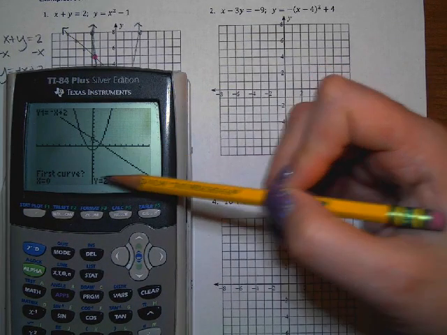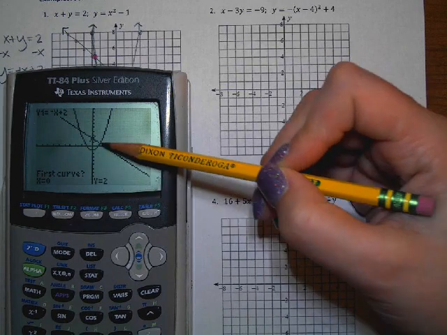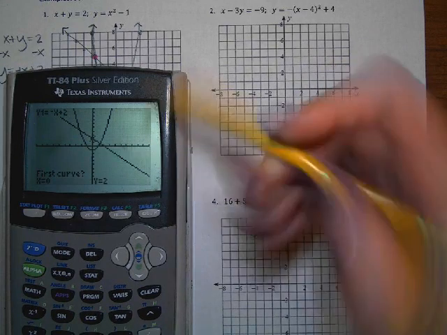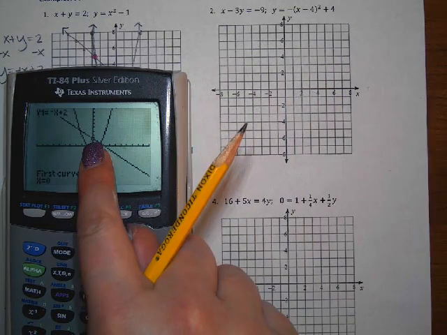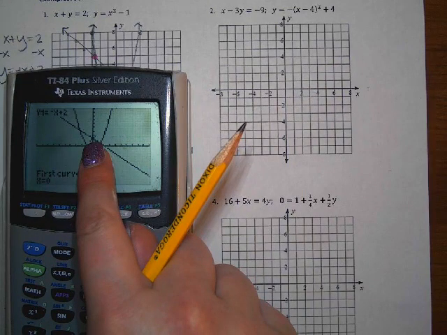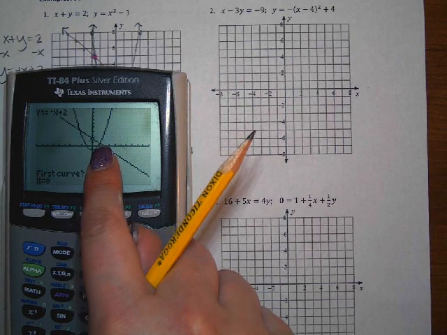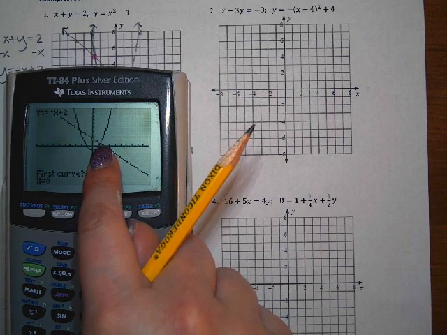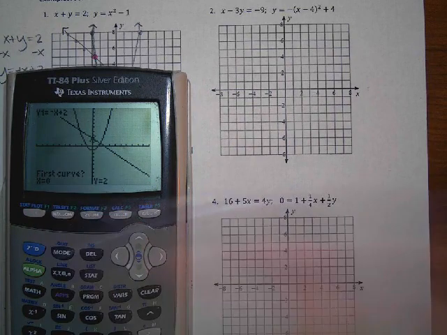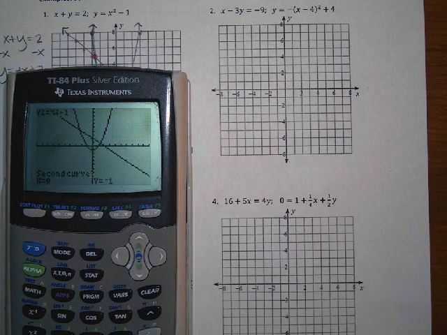And so what we do with the calculator is you don't have to put the cursor on top of the intersection, it just has to be close to one of them. So it's the one on the right because that's the one it's closest to. Does that make sense? Okay. So I'm just going to press enter, enter, enter.